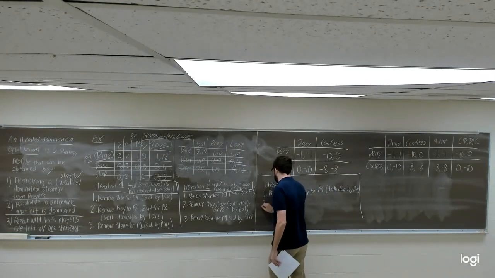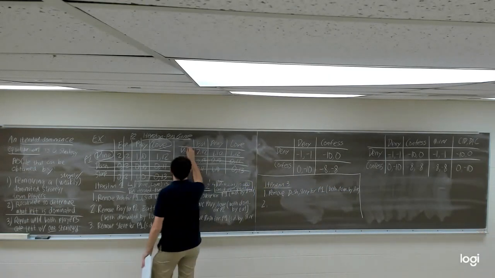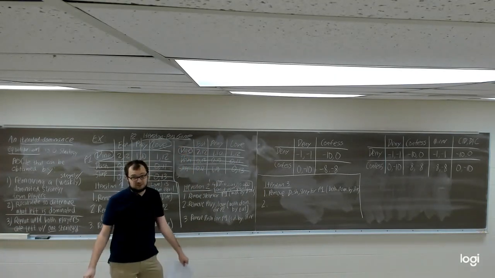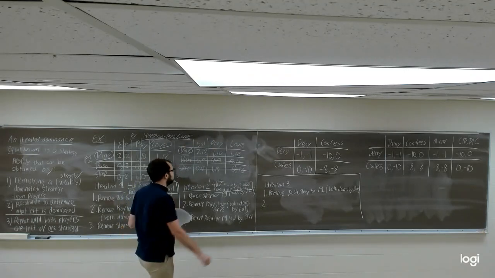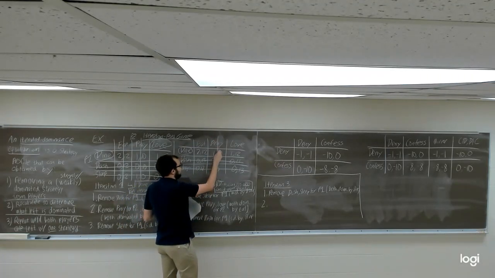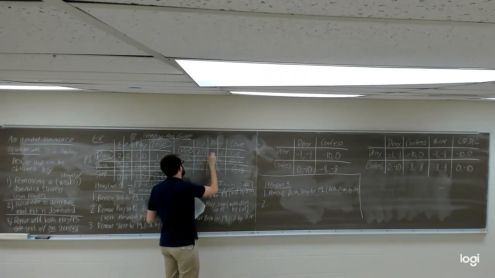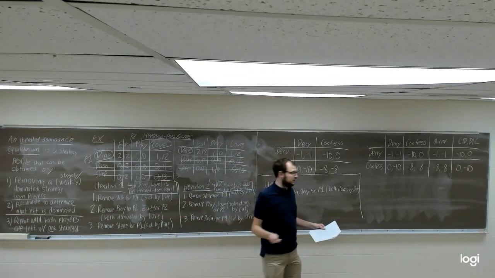So if we take a look now at what's left, player 1 only has a single strategy, which is dine. Player 2 is not going to choose prey, because prey would be dominated by, take your pick, eat or love. This one gives you 12. That one also gives you 12.